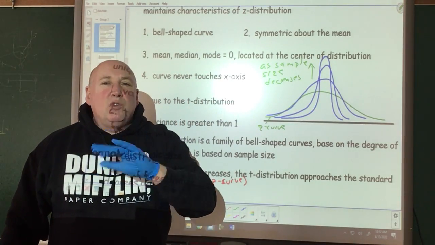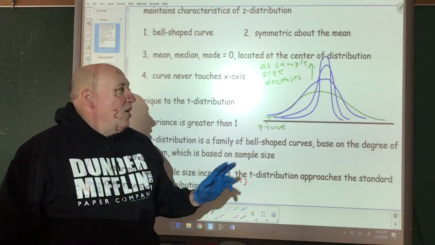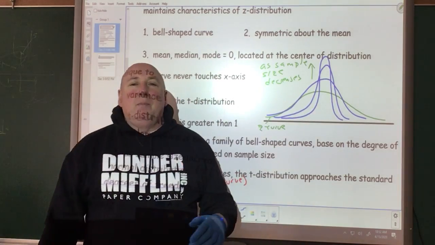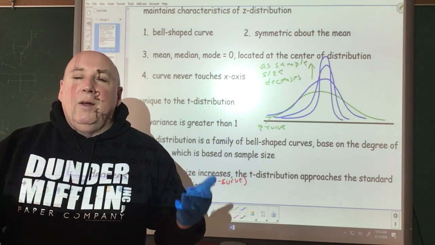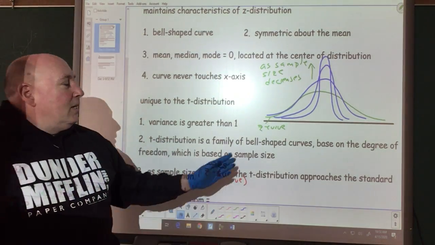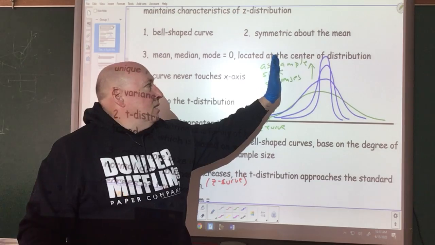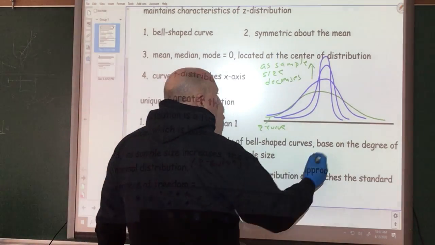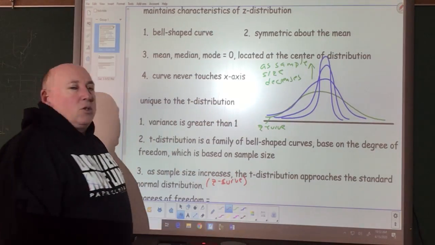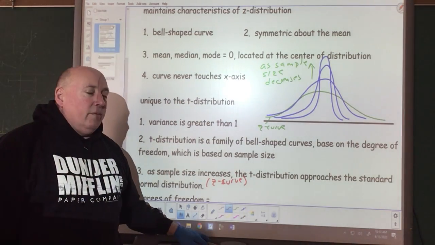We don't have to draw it any higher. We can still do our normal bell-shaped curve, and we will just adapt off of that. But this is what happens as our sample size decreases. As it continues to increase, we go back to what it's going to look like as a normal bell-shaped curve.